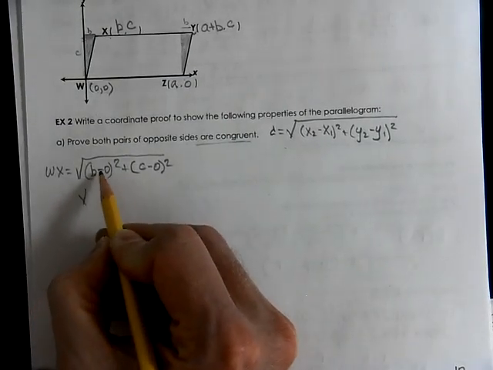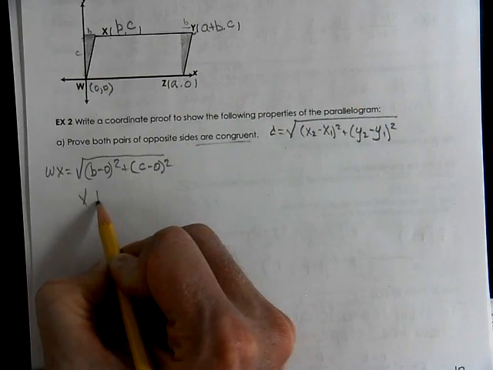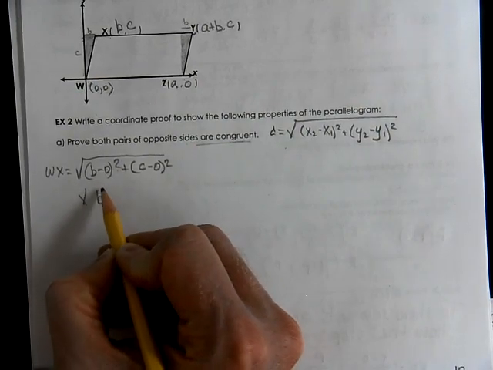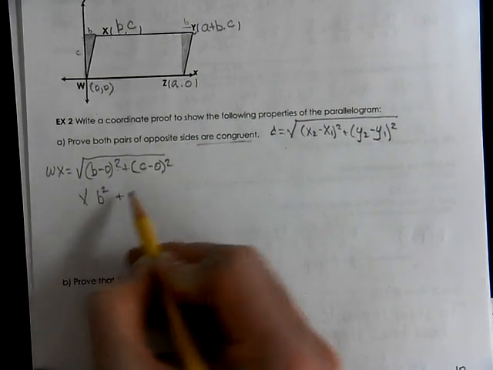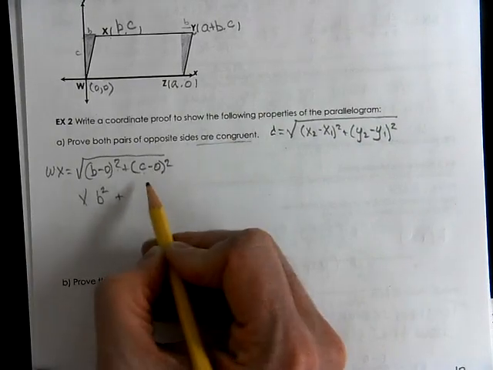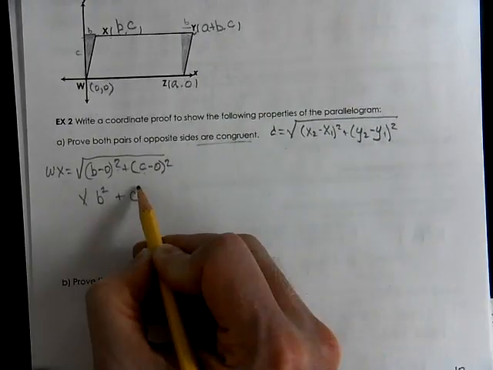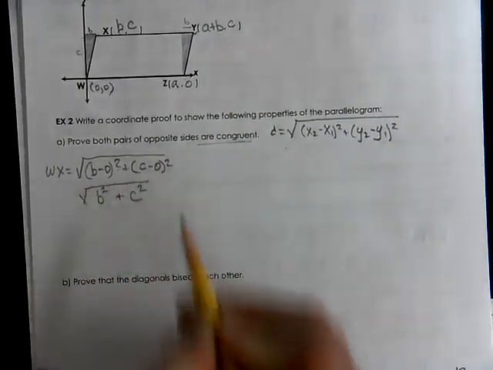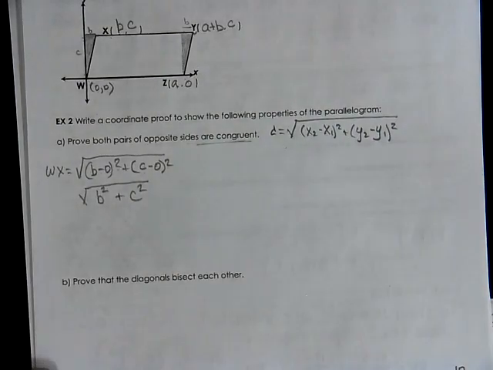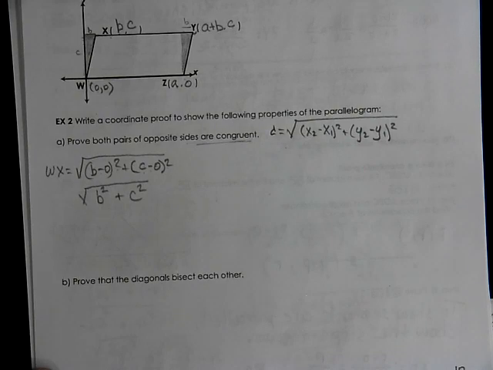So that's going to be b minus nothing, that's just b, and square it, I don't really need parentheses anymore. C minus nothing just means c, and square it, leaves us with the square root of b squared plus c squared. Now, I cannot simplify that. You cannot take the square root of the squares. It's because of the pluses in the way.